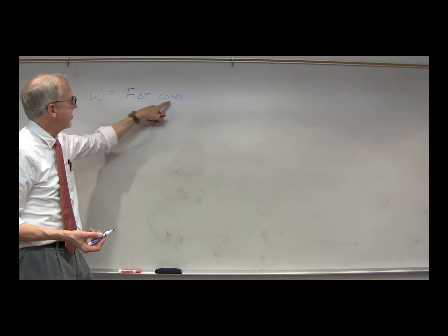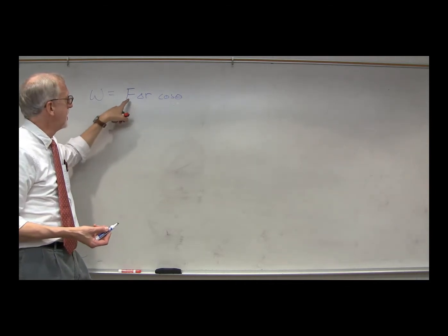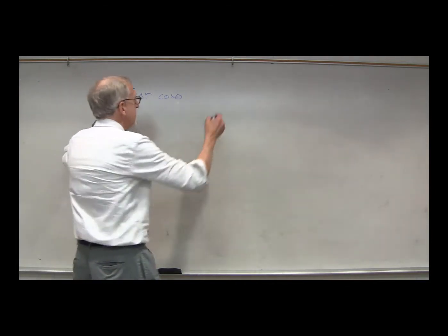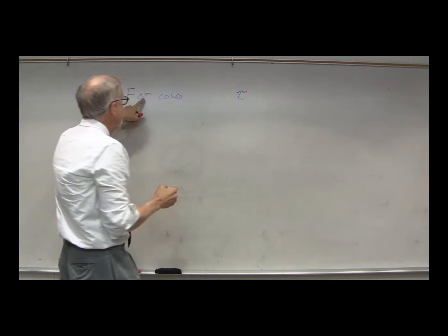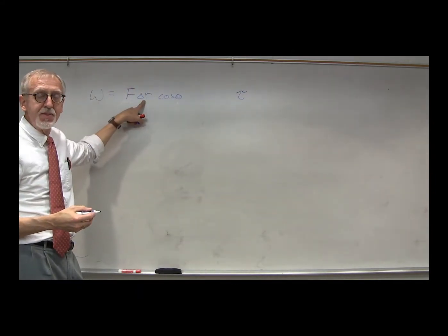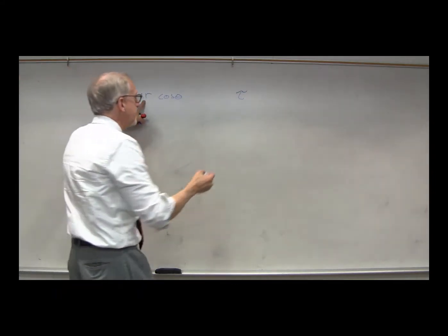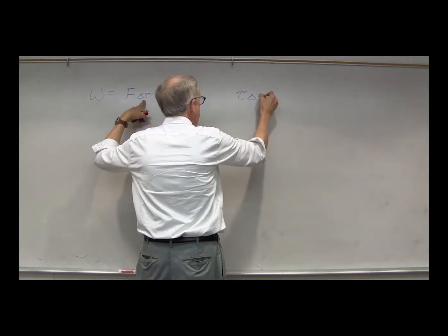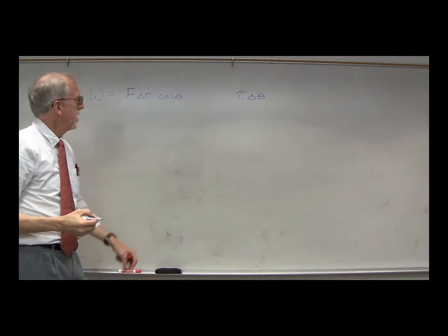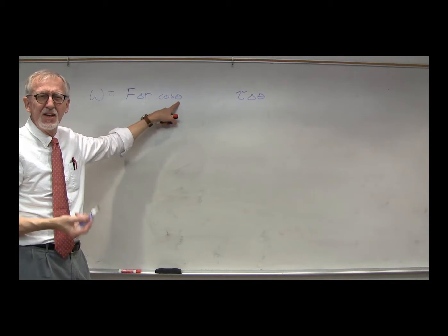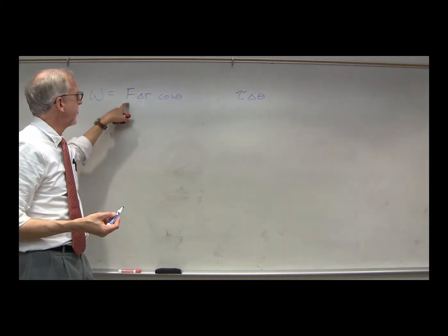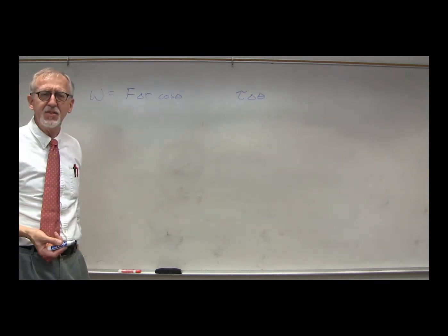Well, if we just take the analogous quantities here, the analogous quantity for force is the torque. Delta r, the displacement, would be the angular displacement, delta theta. So tau delta theta. And then cos theta tells us what happens when the force and the displacement are not in the same direction.